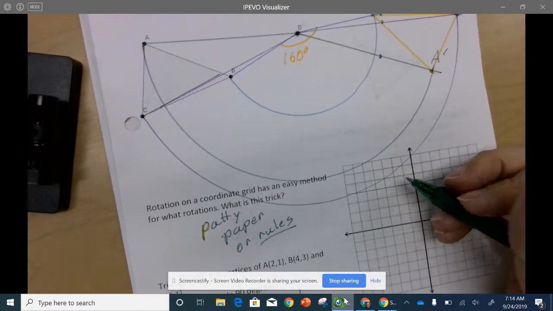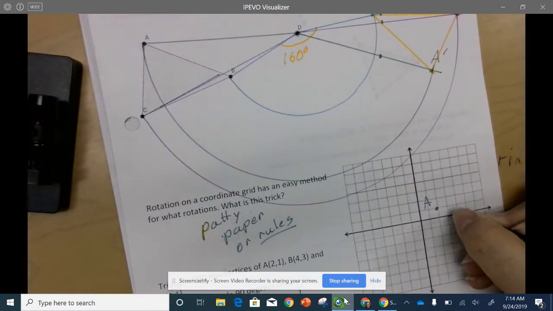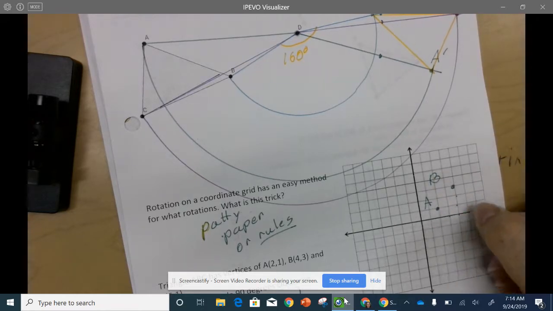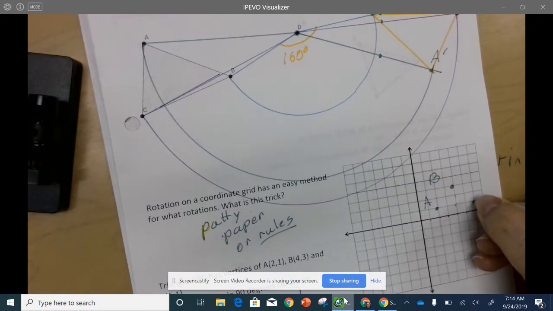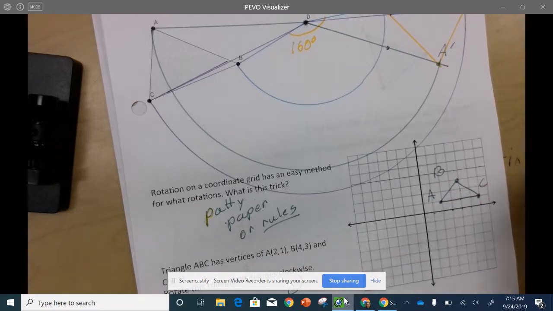Okay, so I'm going to go ahead and graph it. And it says 90 degrees clockwise.